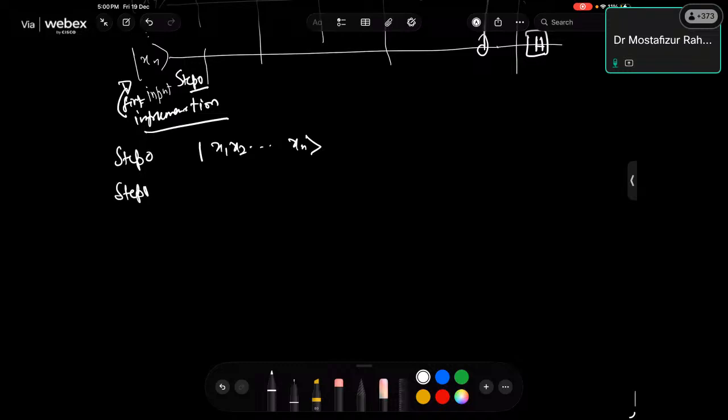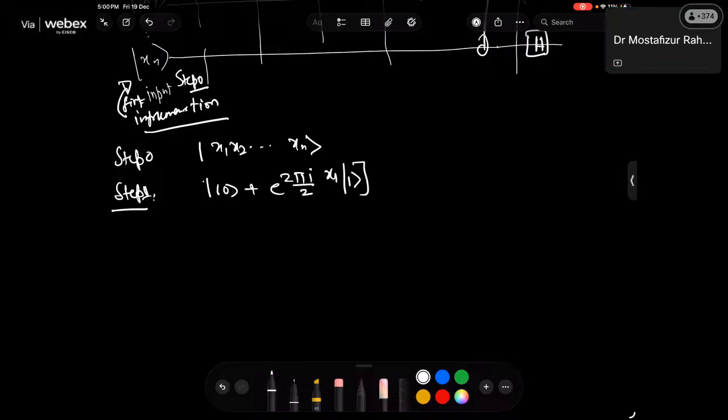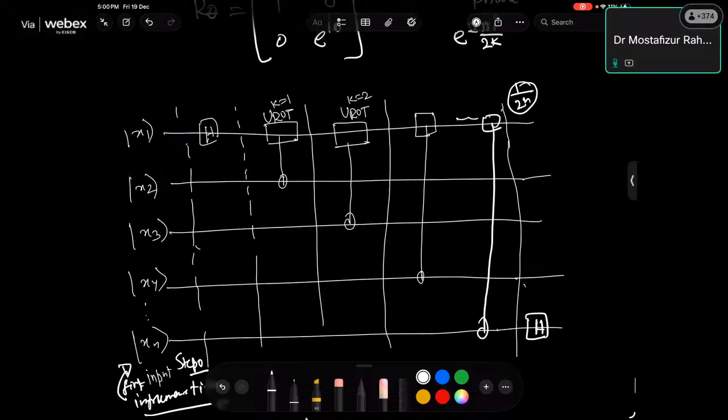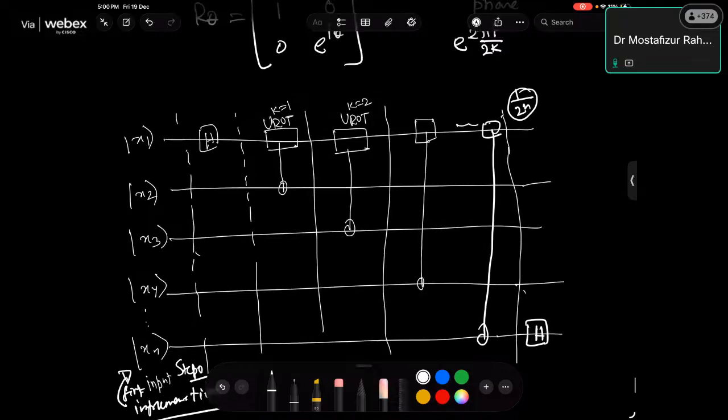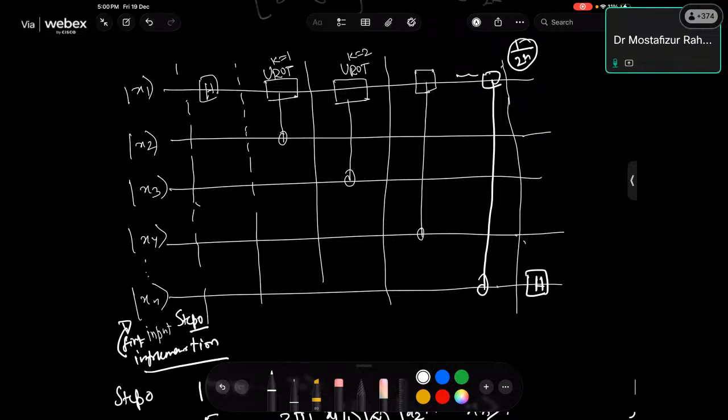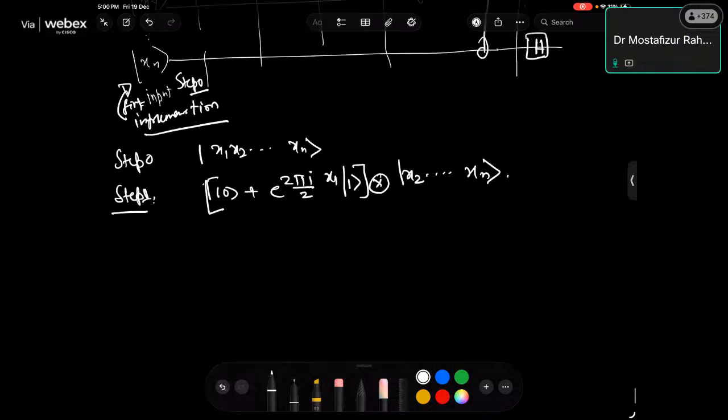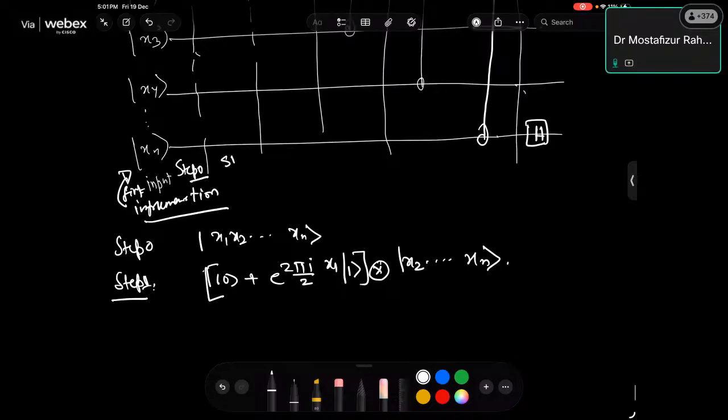Then step 1 is (ket 0 + e^(2πi/2 · x1) ket 1), tensor product with x2 up to xn, because on x2 I have only applied one rotation gate, and this is your first step where you have applied the Hadamard. Then step 2 and so on. So you can calculate how it is.